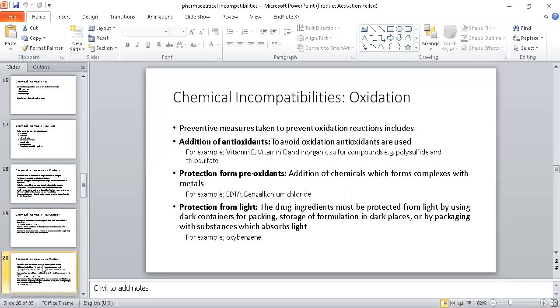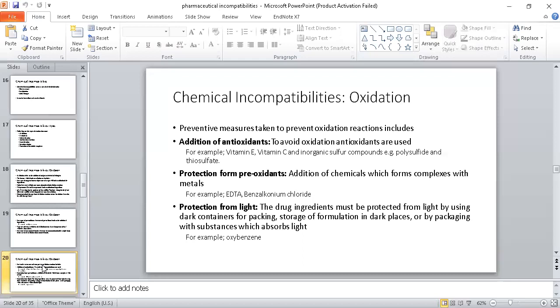Antioxidants used are, for example, vitamin E, vitamin C, and inorganic sulfur compounds, for example, polysulfide and thiosulfate. Protection from pro-oxidants: addition of chemicals which form complexes with metals, for example, EDTA, benzalkonium chloride.